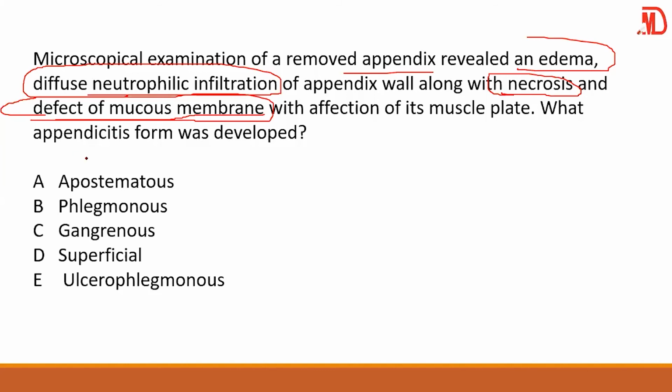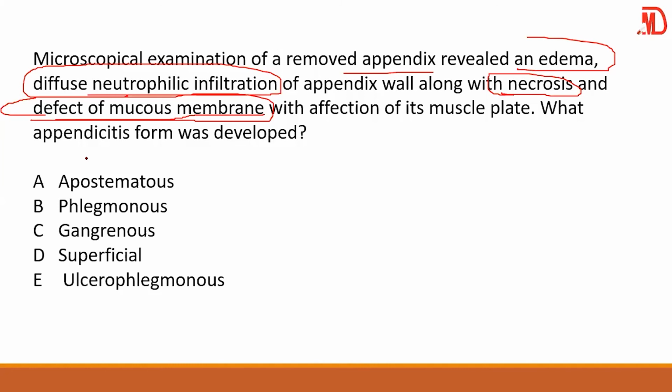So what appendicitis form was developed? First of all, defect of the mucous membrane, you are thinking of an ulcer. So this one is called ulcerophlegmonous appendicitis. That is the actual name. And phlegmonous is simply what?